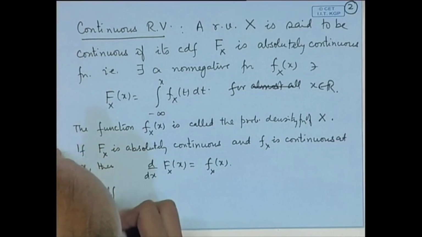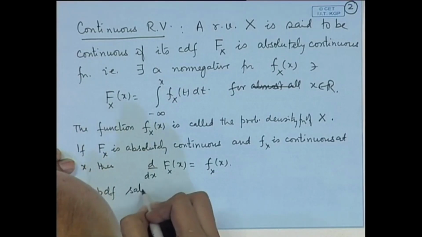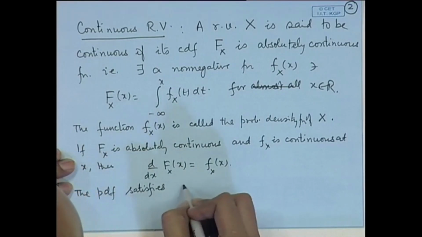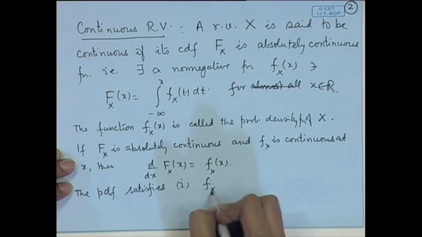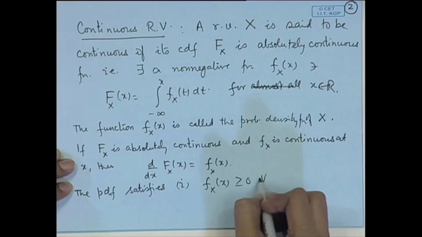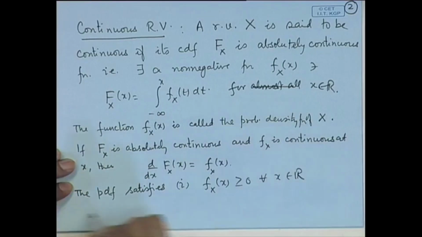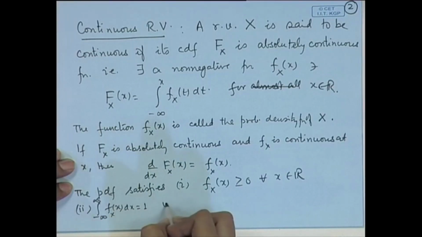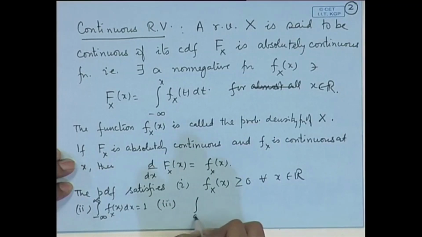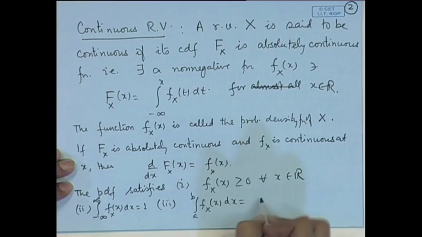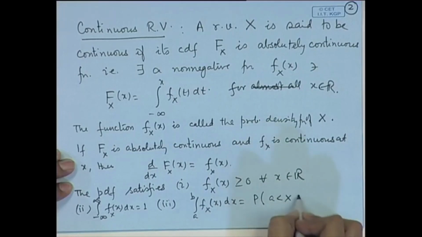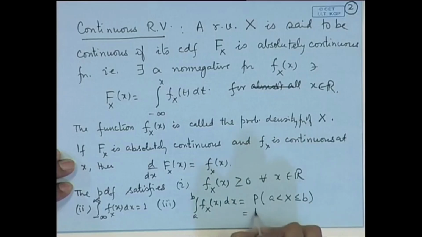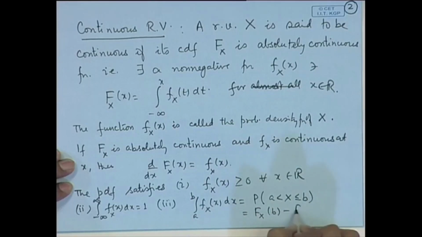The PDF, or probability density function, satisfies, one, that it is a non-negative function. Secondly, the integral over the full region is equal to 1, and if we integrate the density over an interval a to b, it denotes the probability of a less than or equal to X less than or equal to b, that is basically F_X(b) minus F_X(a).